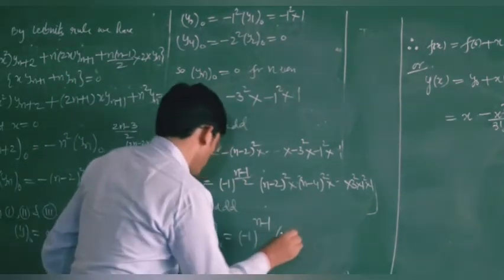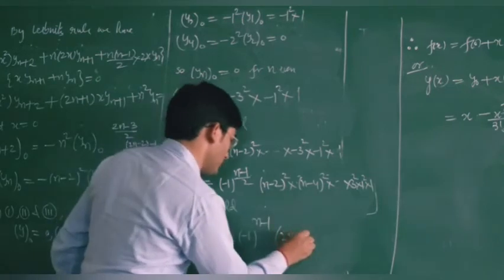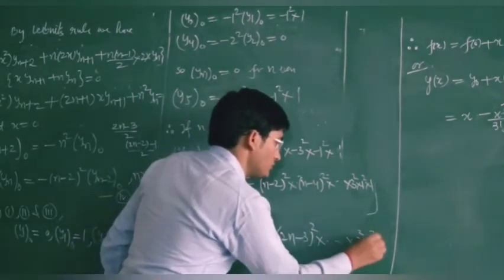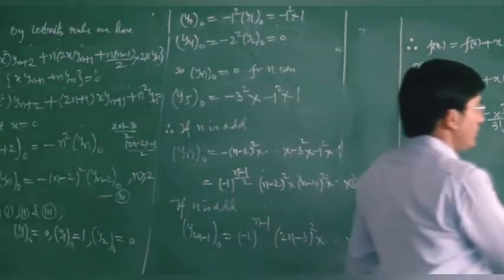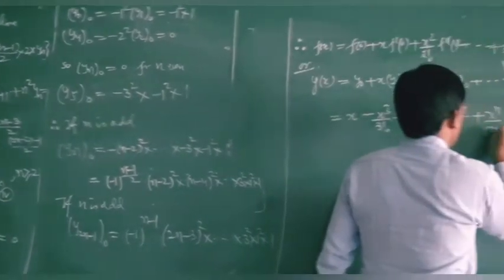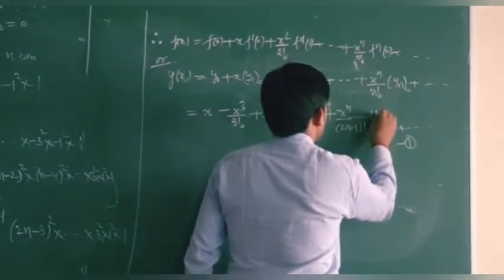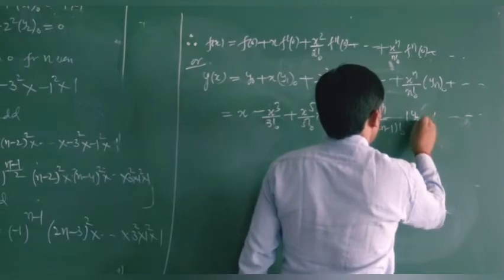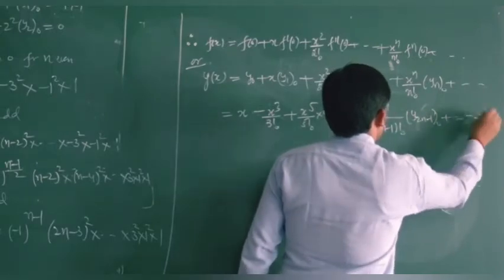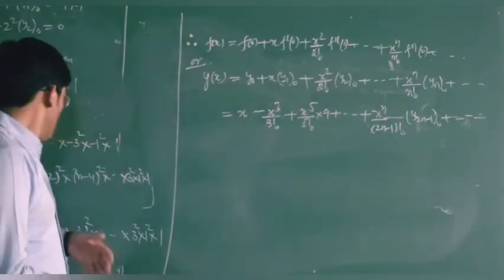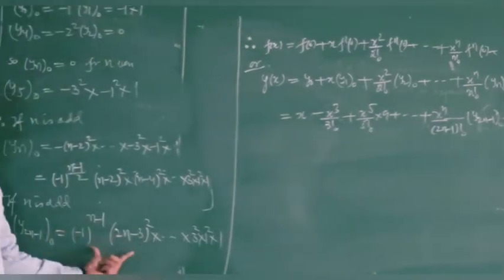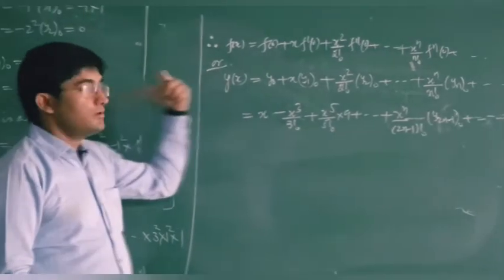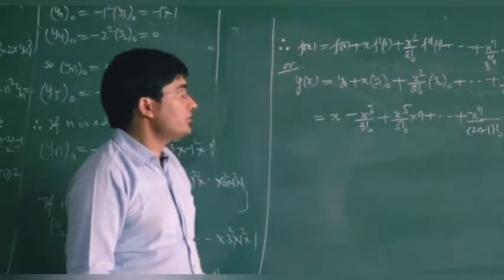Then this is 2n minus 1, so (2n minus 3) whole square. At the end we will have 3 square, 1 square, 1. So here we will have factorial (2n minus 1), then yn(0). This means y(2n minus 1)(0), because our even terms are 0. So this is your general term, and this is the expansion of log of x plus square root of 1 plus x square.